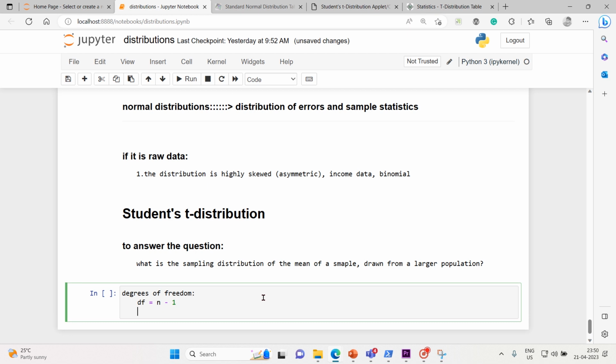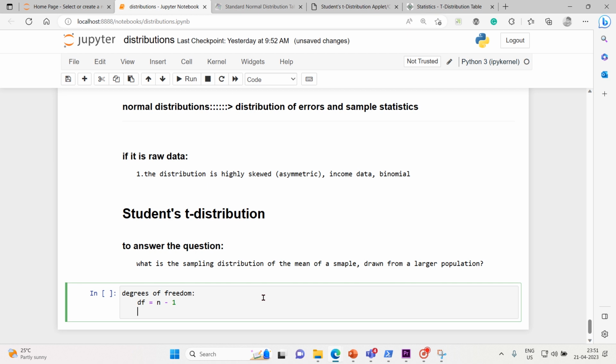So the term degrees of freedom in statistics refers to the number of values in a sample that are free to vary when estimating a statistical parameter. I'm repeating again. What's the meaning of degrees of freedom in mechanics?